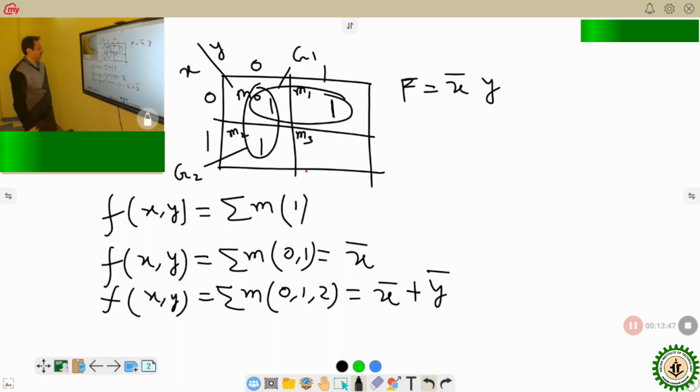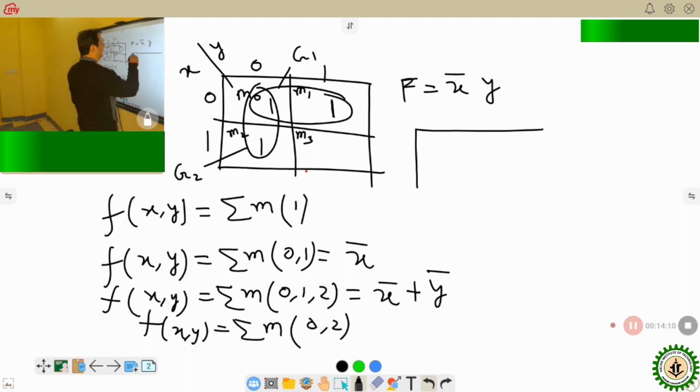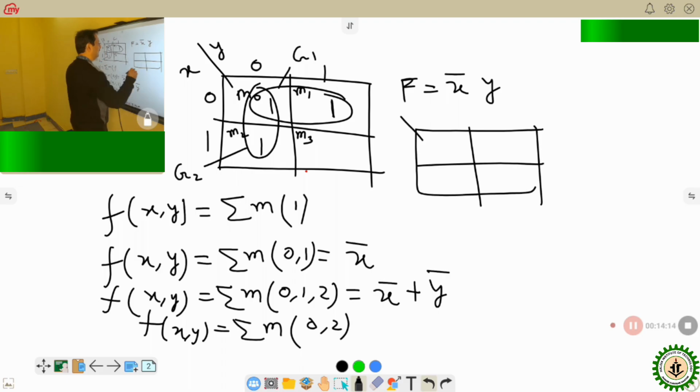Now, another possible combination is there. Suppose f of x comma y is equal to the minterms 0 and 2. So what will happen? If I draw it, there are 2 variables, so 4 cells are there.